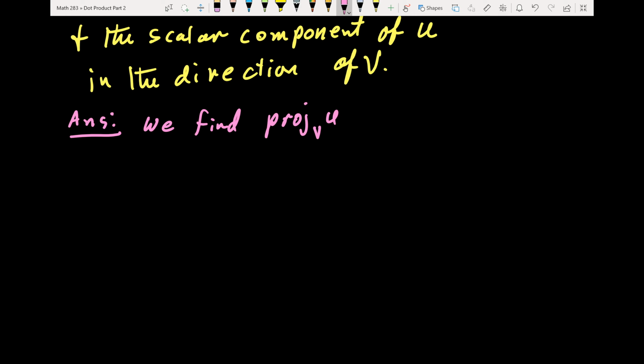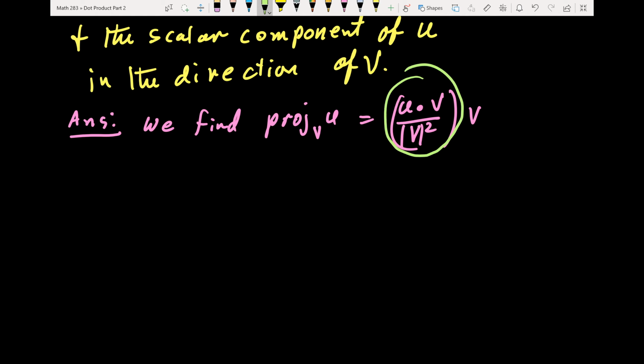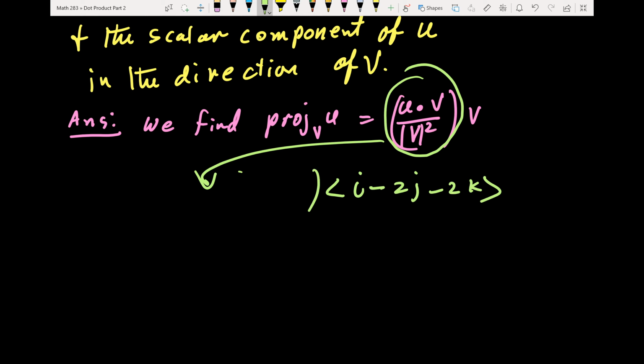So what's happening over here? u dot v over the magnitude of v squared, times v. Right, guys? Can you figure this out? I'll give you a little more time. And what is my v in this case? v is i minus 2j minus 2k, and we're going to multiply it.